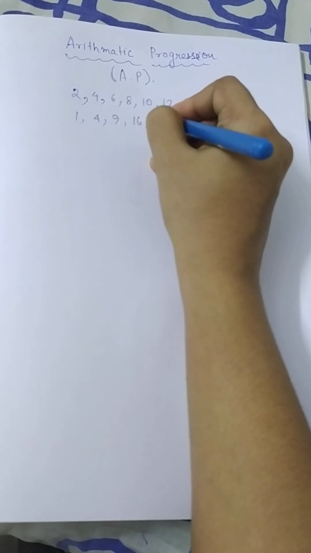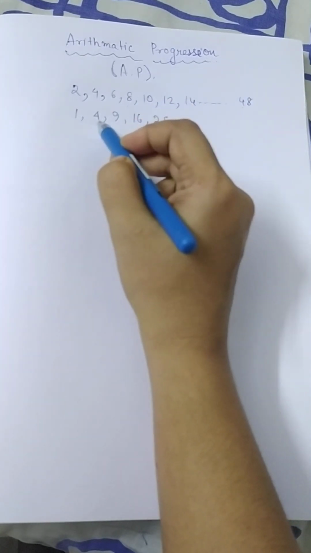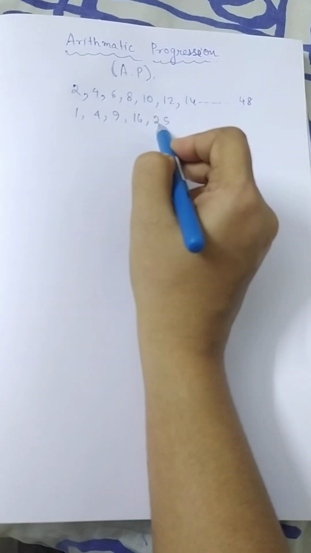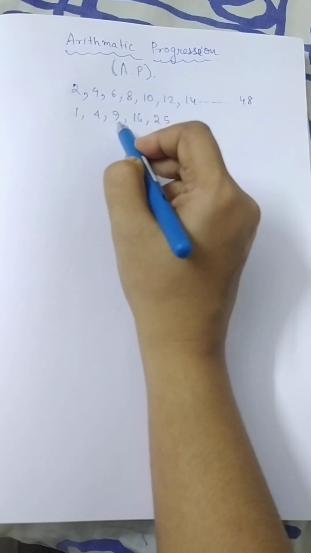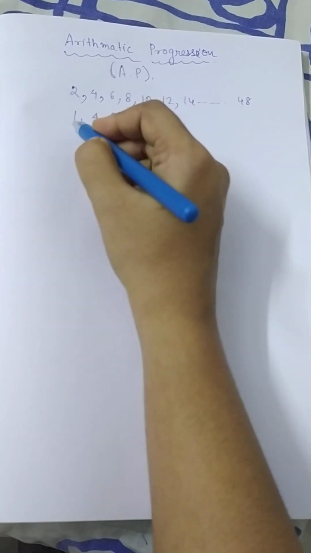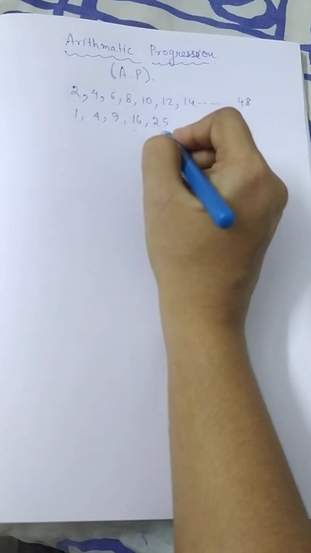Another, if you look, 1, 4, 9, 16, 25, right? You see that there is also a certain arrangement. What is that arrangement? They are all squares of succeeding numbers. It is 1 square, 2 square, 3 square, 4 square, 5 square.